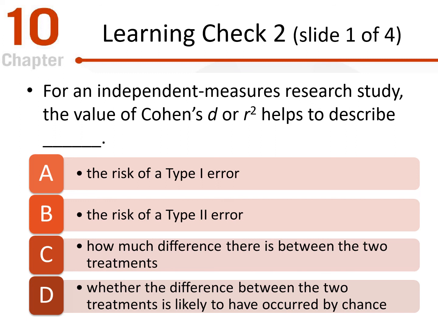Cohen's d talks about the effect size, so the difference between the treatment, the two samples in terms of the treatment and the variabilities in the denominator, right? So it's basically how much difference is there between the two treatments. That's what Cohen's d or R squared talks about. What's the size of the effect? How much difference is between the two treatments? And it gives you a quantifiable measure.